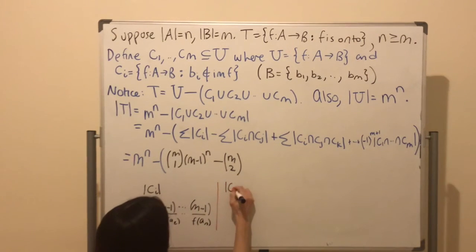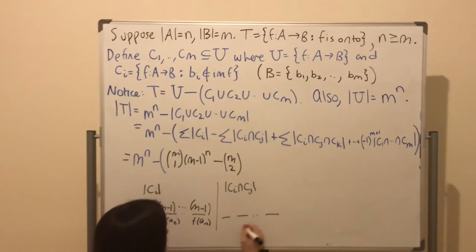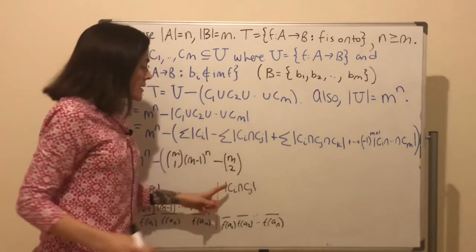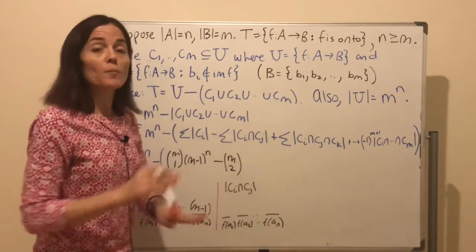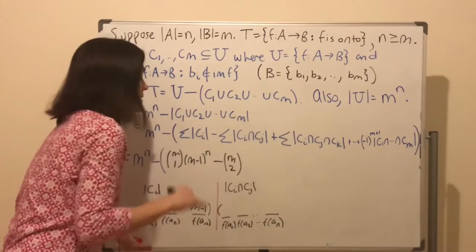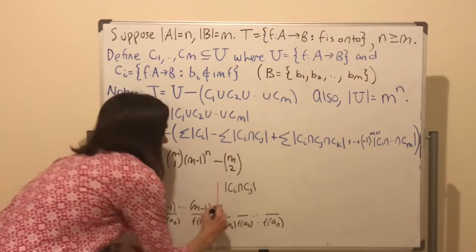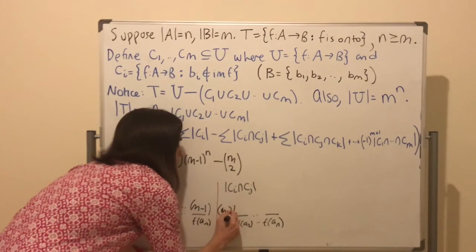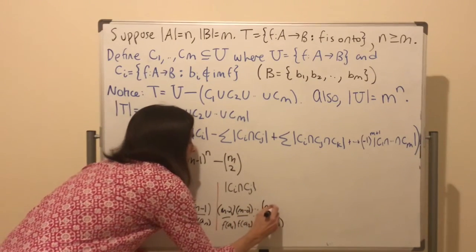If I count Ci intersect Cj, of course i is not equal to j, f of a1, f of a2, etc. to f of an, well, Bi and Bj are both not in the image. And so I have m minus 2 left in here: m minus 2, m minus 2, all the way out to m minus 2.